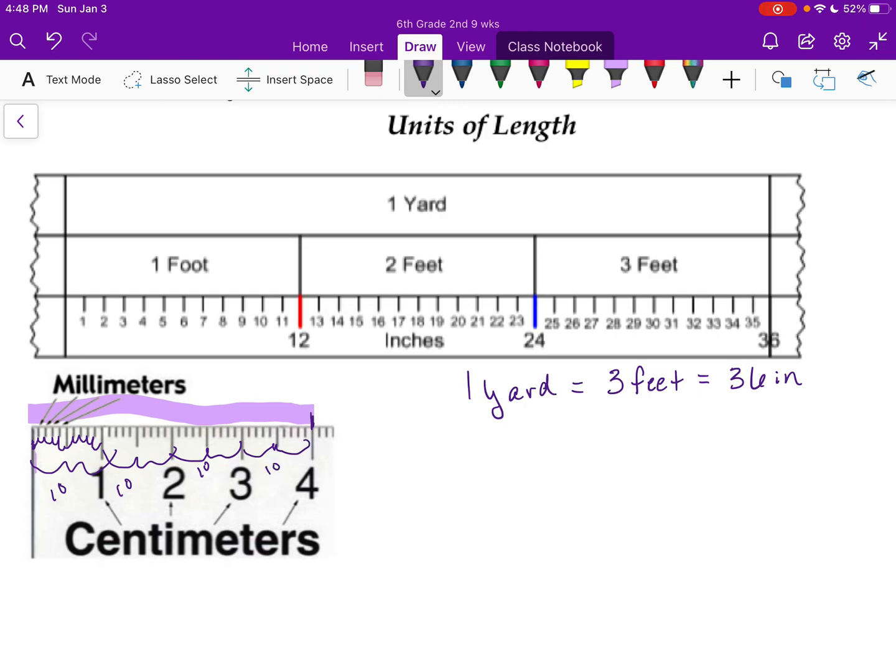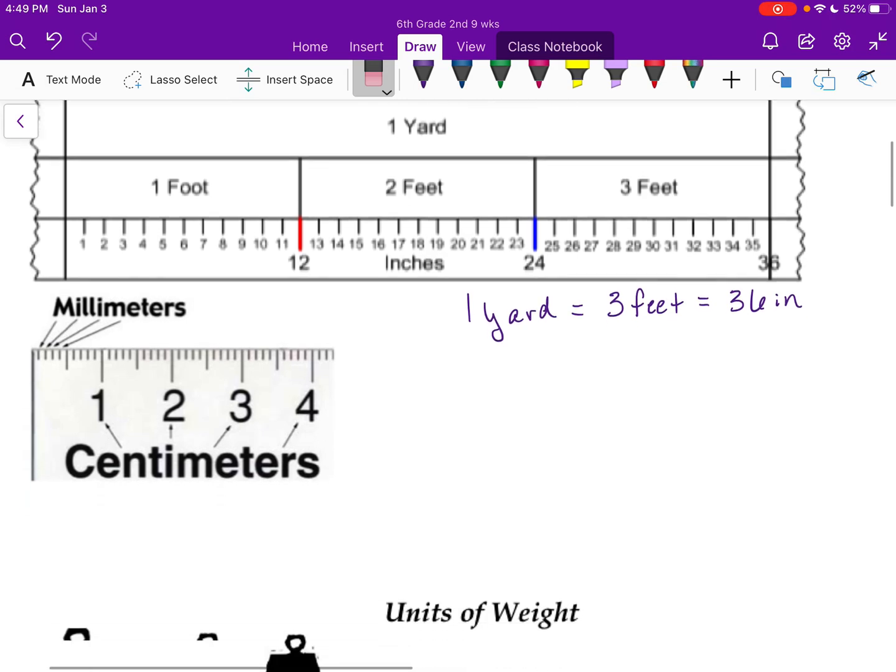So 10, 20, 30, 40. So 4 centimeters equals 40 millimeters. Okay, so that's converting. We switched it. I wanted to show you that. All right, let's keep going.